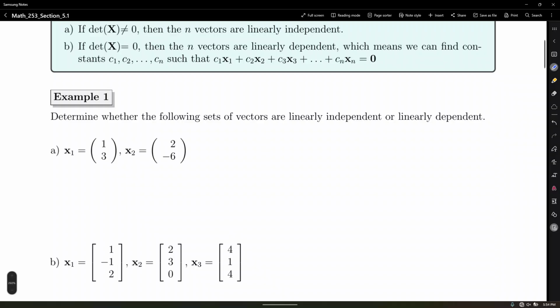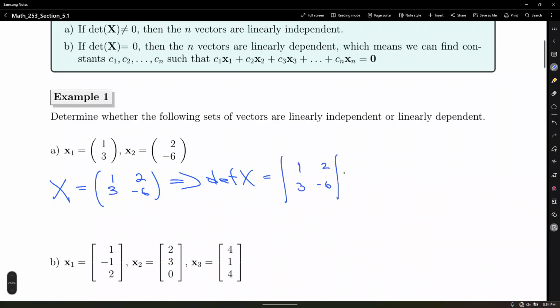So let's form the matrix big X, equal to x1, which is the vector 1, 3, and vector x2, which is 2, negative 6, and find its determinant. The determinant of big X equals, with absolute value bars, 1, 3, 2, negative 6. Just like the Wronskian, guys.